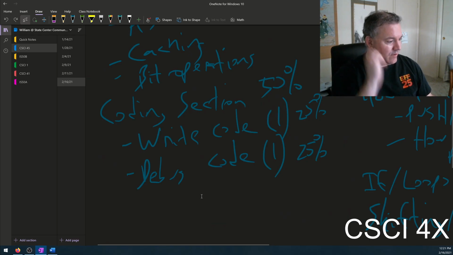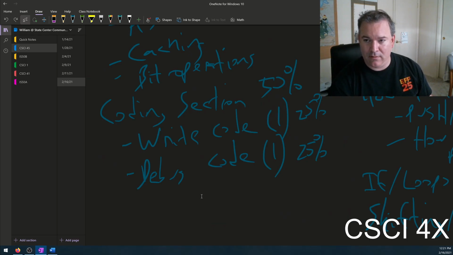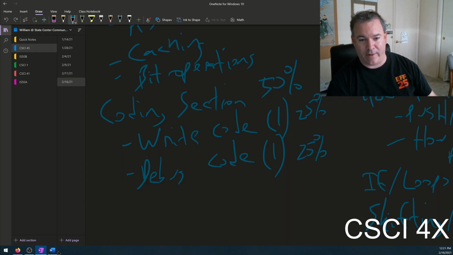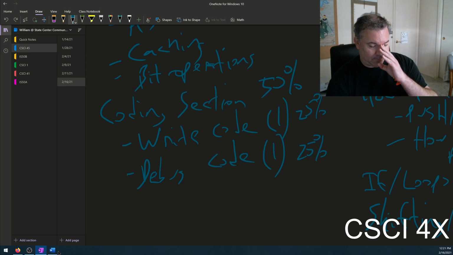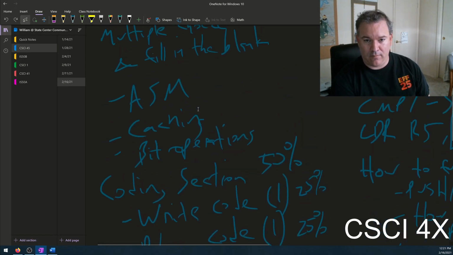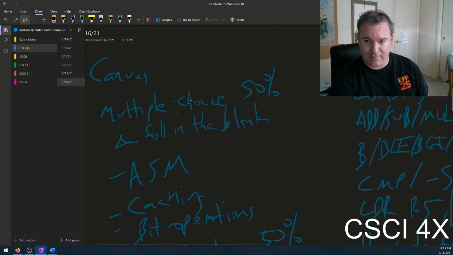The coding section is similar to the ones we did for 40 and 41, but in assembly, exactly. Except you're actually going to have to write a function from scratch versus debugging code. Once you start the midterm on Canvas, you have 2 hours to do it.